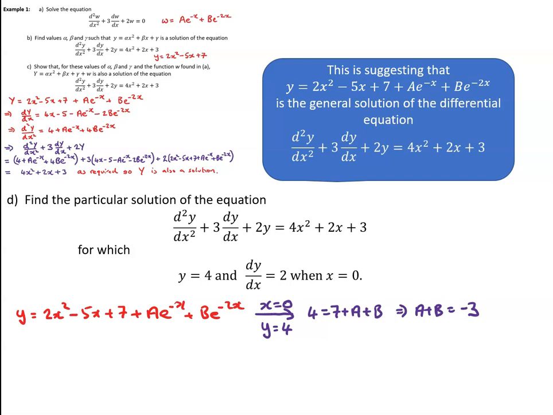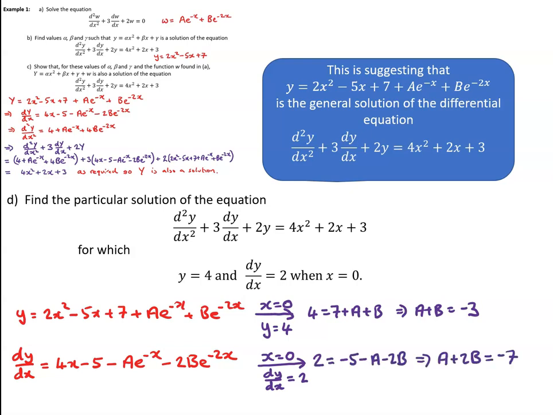We can differentiate y. So we've got dy/dx is 4x minus 5 plus minus ae to the minus x minus 2be to the minus 2x. When x equals 0, dy/dx has got to equal 2. So we've got 2 equals minus 5 minus a minus 2b. So that gives me a plus 2b is minus 7.